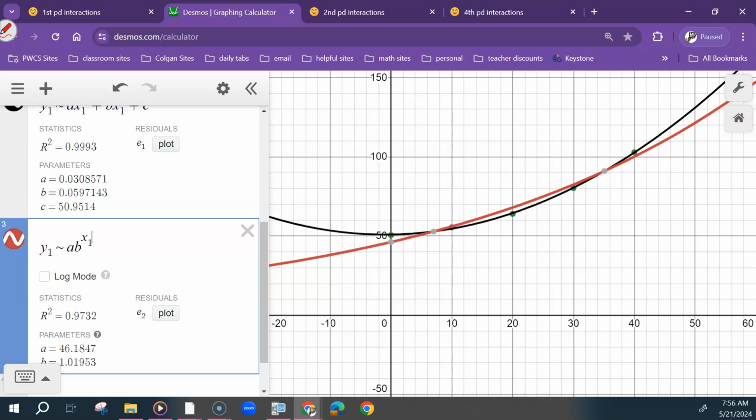Actually, let me make sure that's accurate. Yeah, okay. There was one that I did yesterday that it was similar. But whichever is closest to 1, use that. If they both happen to be 1, think about the context of the problem. So in this, we're looking at population over a span of years.